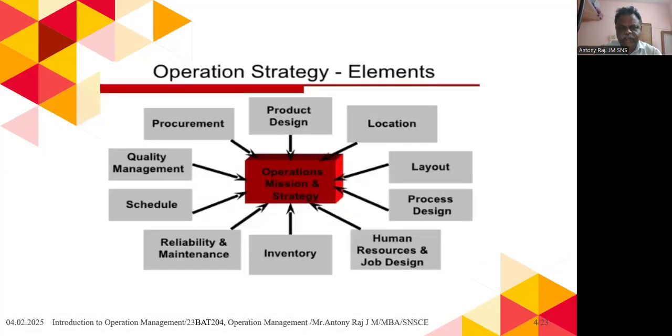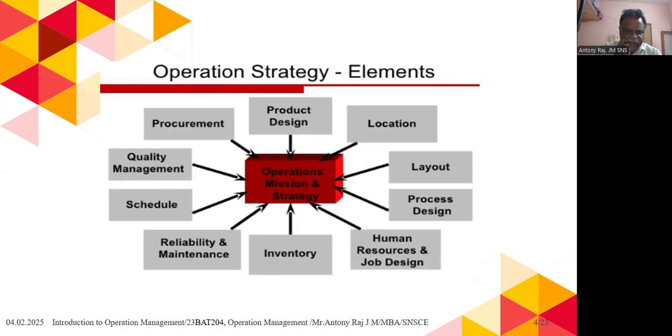Now, these are the various key strategy elements of operations. First is the product. Then the location. Then we come to the layout. We will all see later what is meant by location and layout, process design, human resources and job design, and inventory.